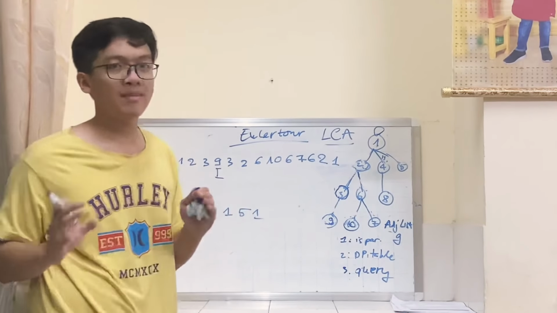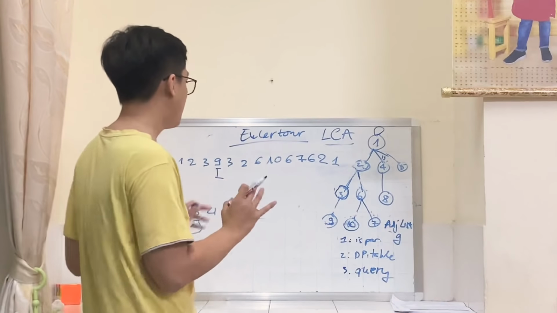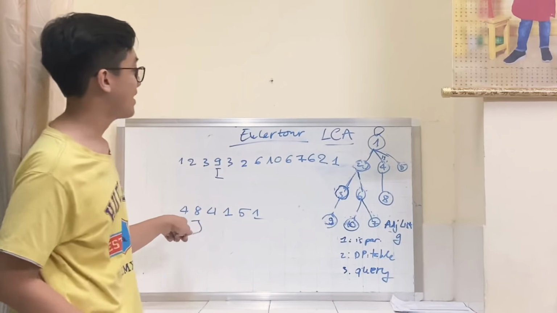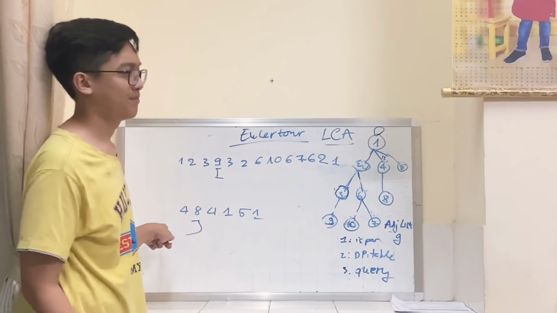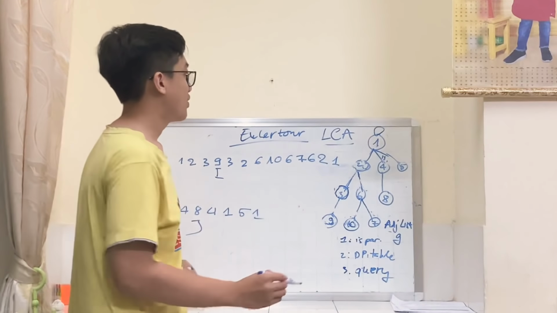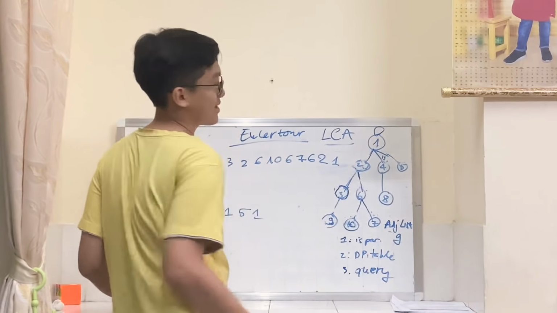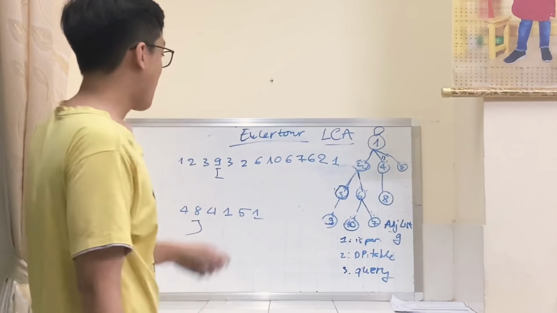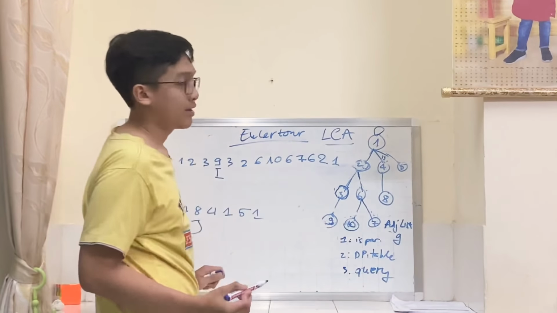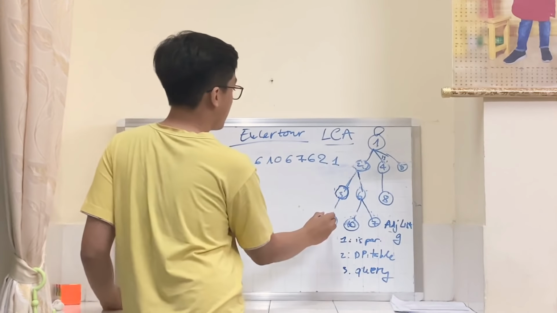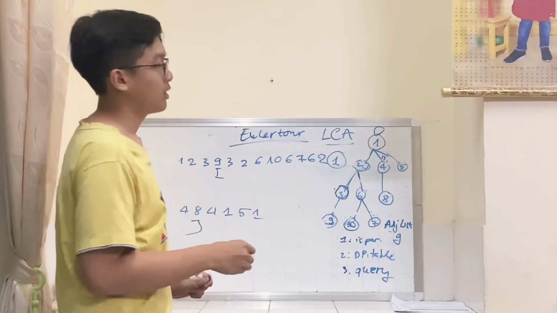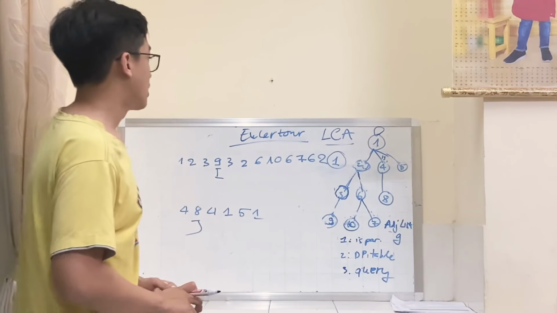You find the minimum height of this subset. So the minimum height is 1, and 1 is the LCA of 9 and 8. Yeah, because the Euler Tour path contains the lowest common ancestor nodes.